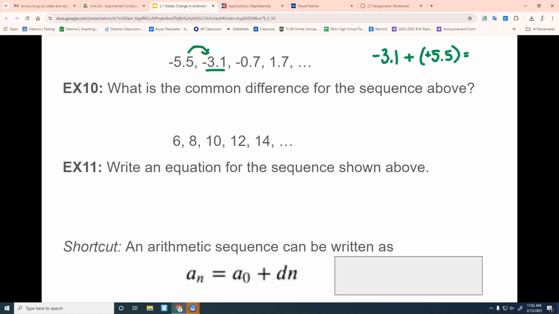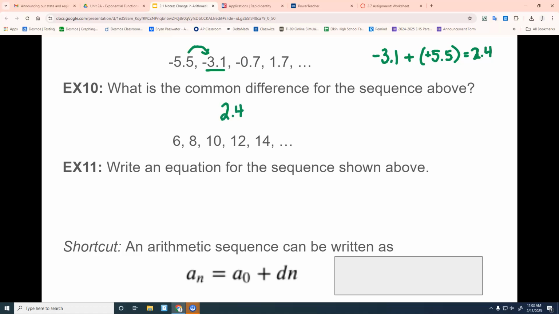And 5.5 minus 3.1 will give me 2.4, I think. Yeah, 2.4. So that common difference is 2.4.